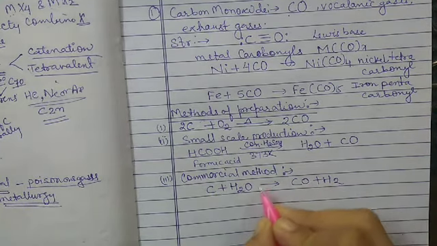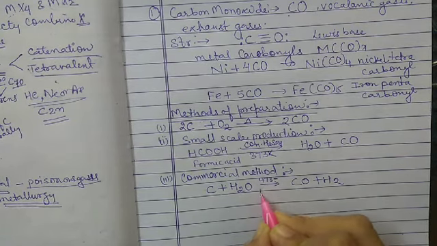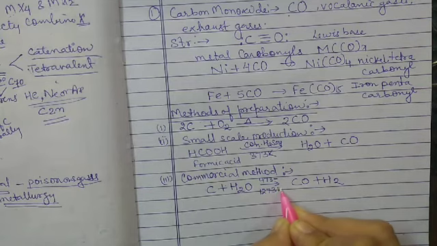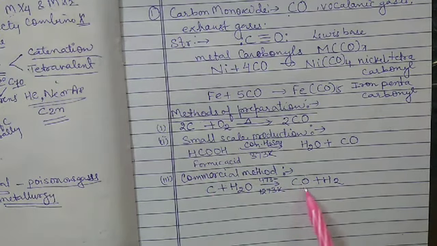Here the temperature is 473 to 1273 Kelvin. When steam is passed over the red hot coke, we get a mixture of carbon monoxide and hydrogen.